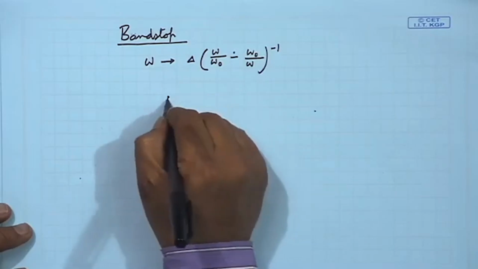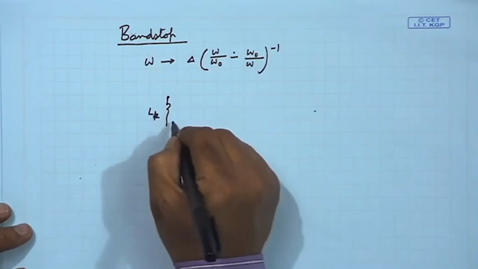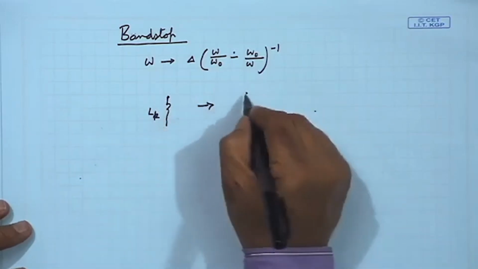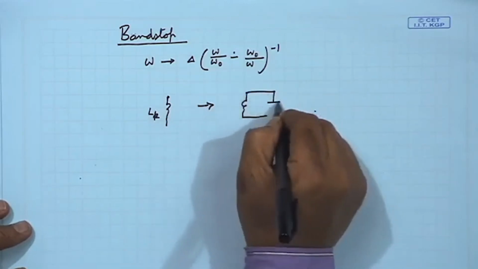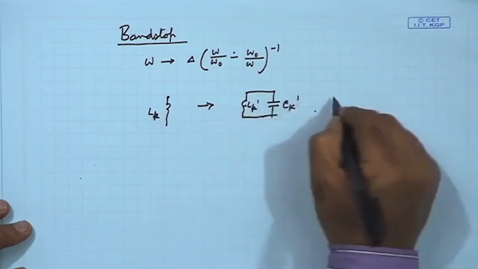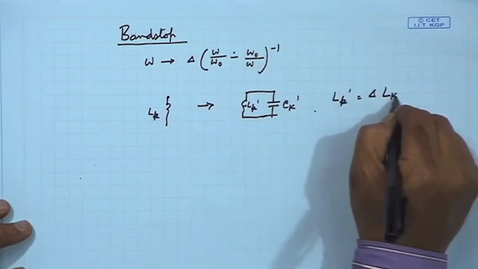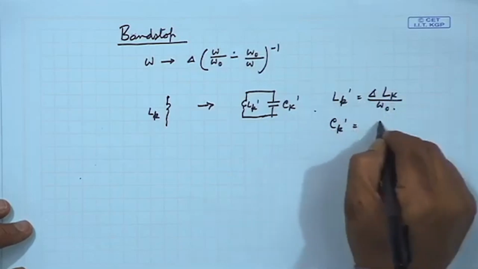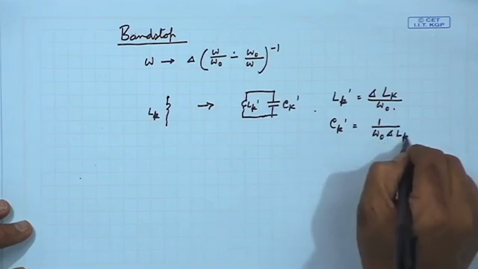And there, if you have an Lk, that will be changed to a parallel resonance circuit with Lk dashed and Ck dashed, where Lk dashed is delta Lk by omega naught and Ck dashed is equal to 1 by omega naught delta Lk.